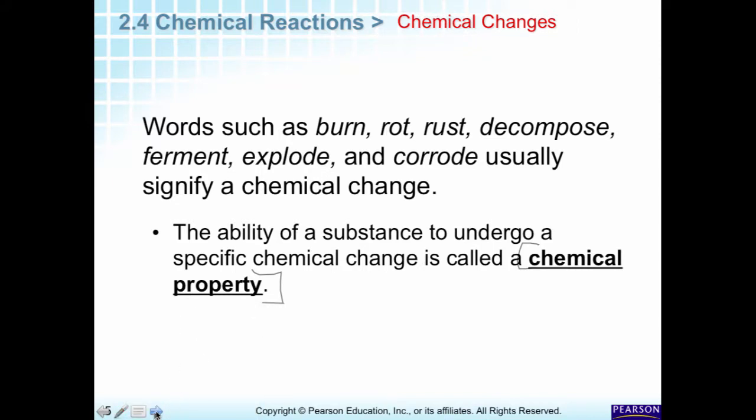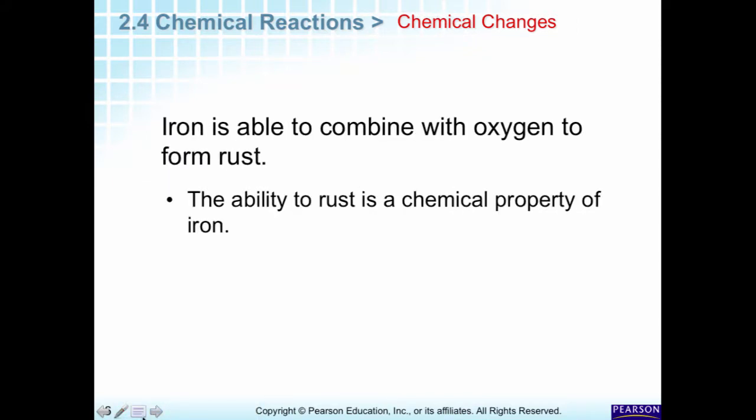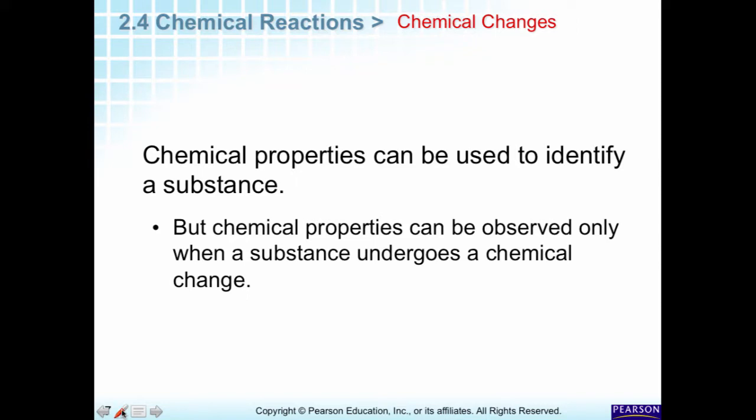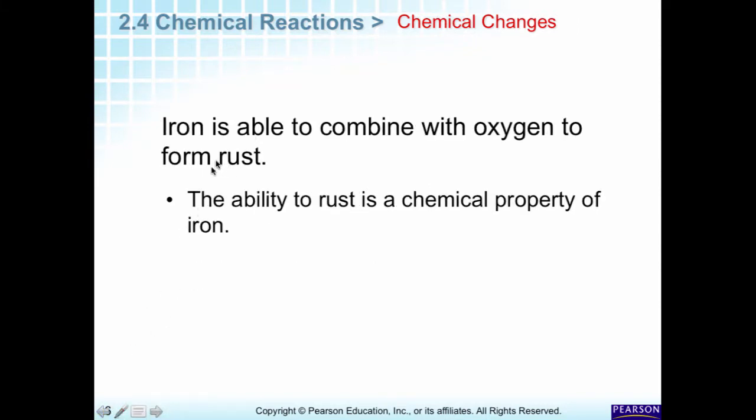Okay? So iron will combine with oxygen to form rust. We know that iron is a metal, and it's kind of silvery in color.